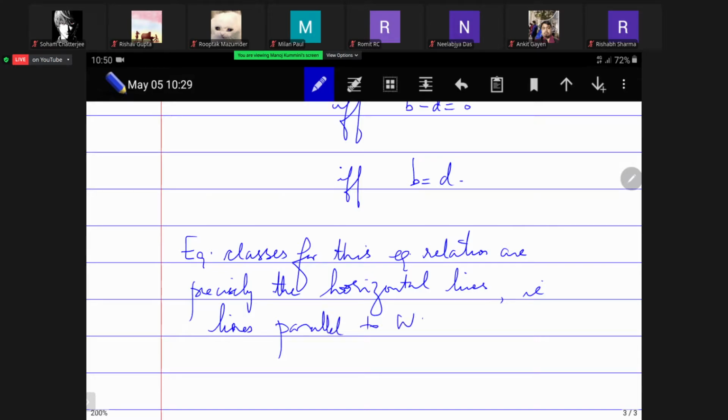So these are the equivalence classes. And given any equivalence class, what is V mod W? Well, it is a collection of equivalence classes. Each of them we can represent by some vector.